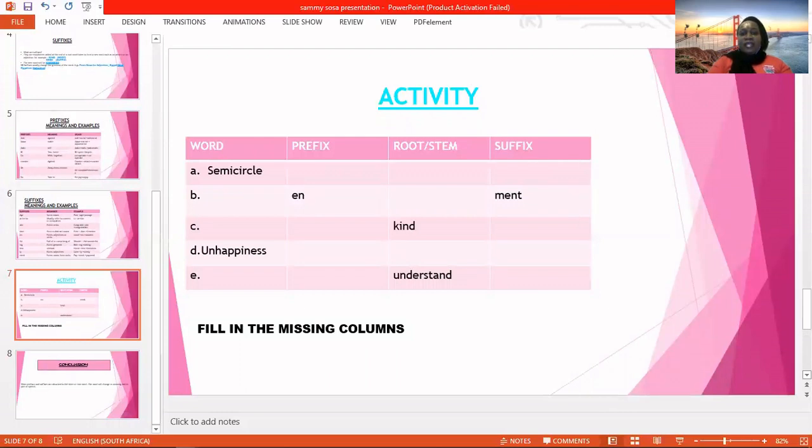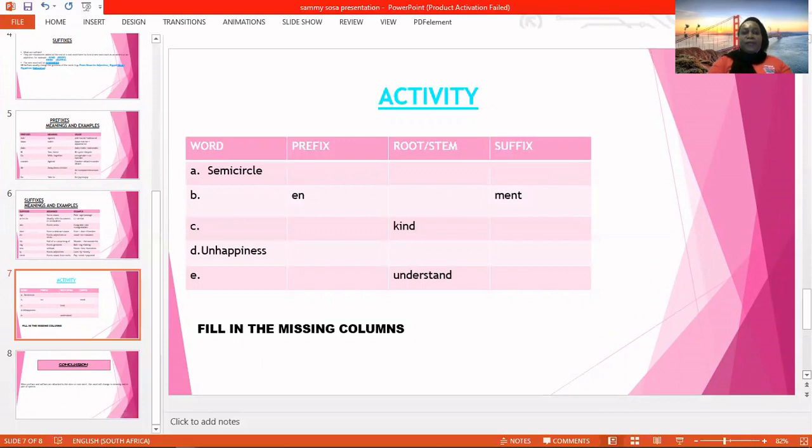The root word is circle. So we have our prefix, we have our root word. Then, unfortunately, there we don't have a suffix.